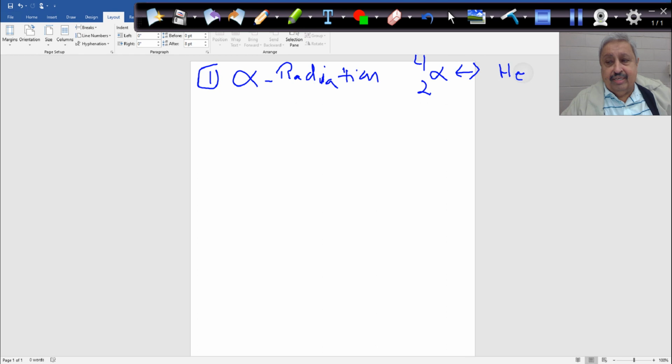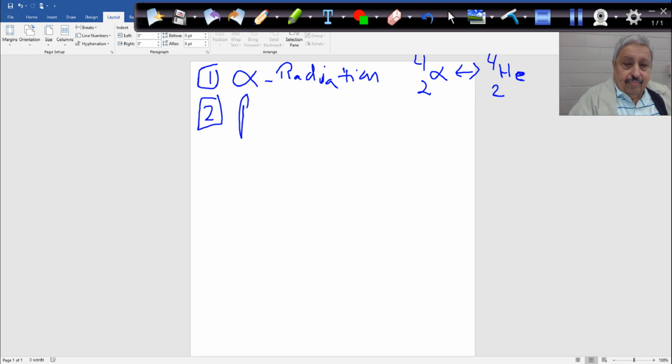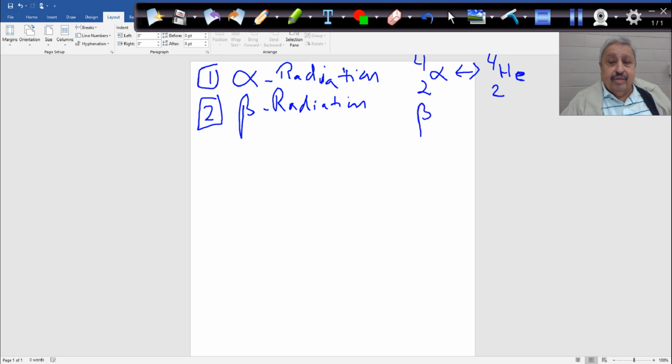It's a helium atom, with 4 atomic mass and 2 atomic number. Then you have beta radiation. You have beta 0 mass, -1, or E -1. Correct?